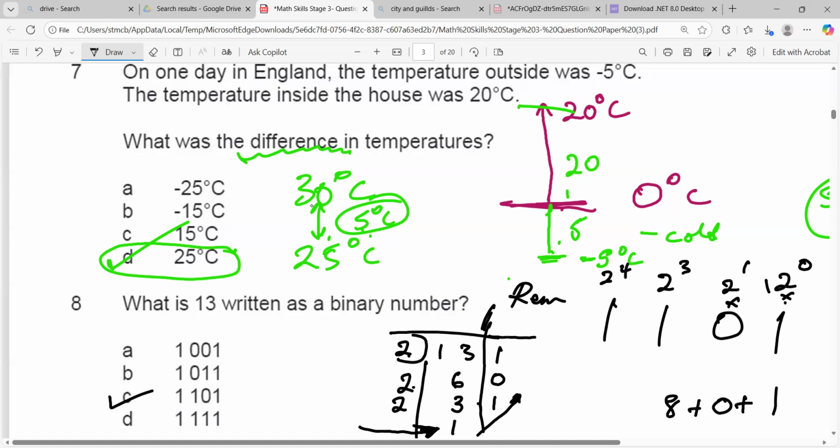Somebody said they understand now. All right. Oh, this should be 2 to the 2.